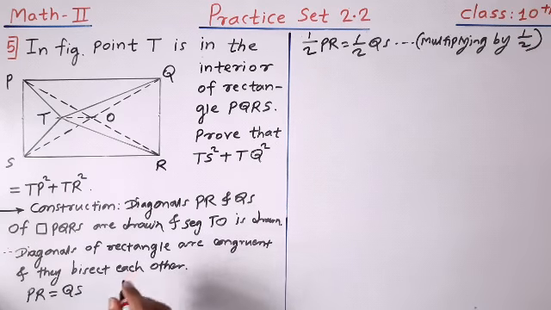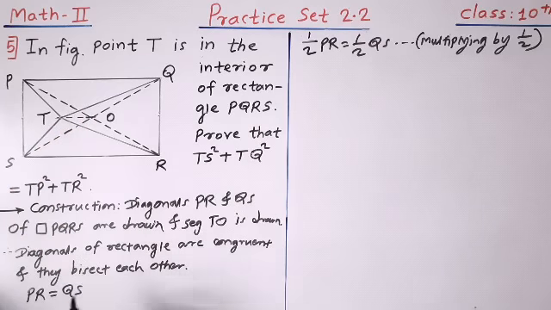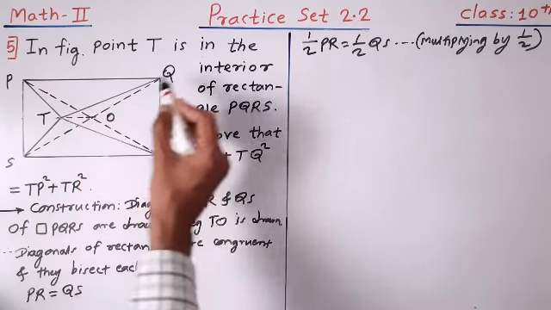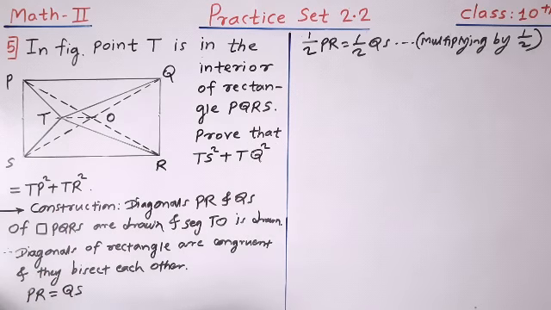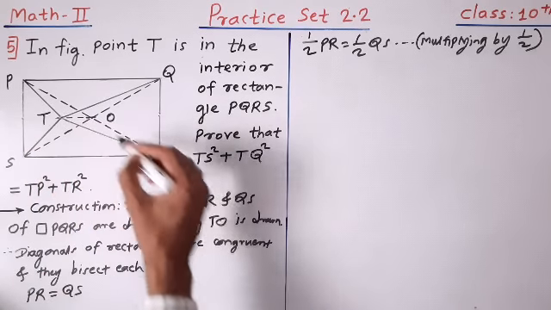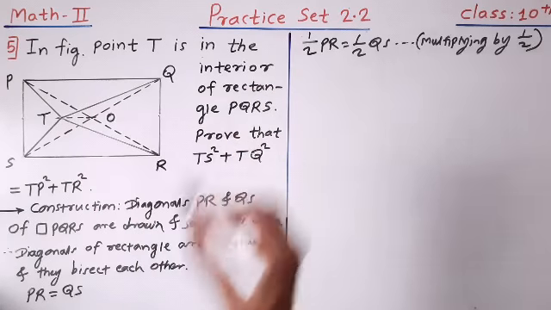But you can see that these two diagonals are the diagonals of a rectangle, means they bisect each other. So O is the midpoint of both the diagonals. So half of PR means OP and OR, and both the segments are equal to half of PR.